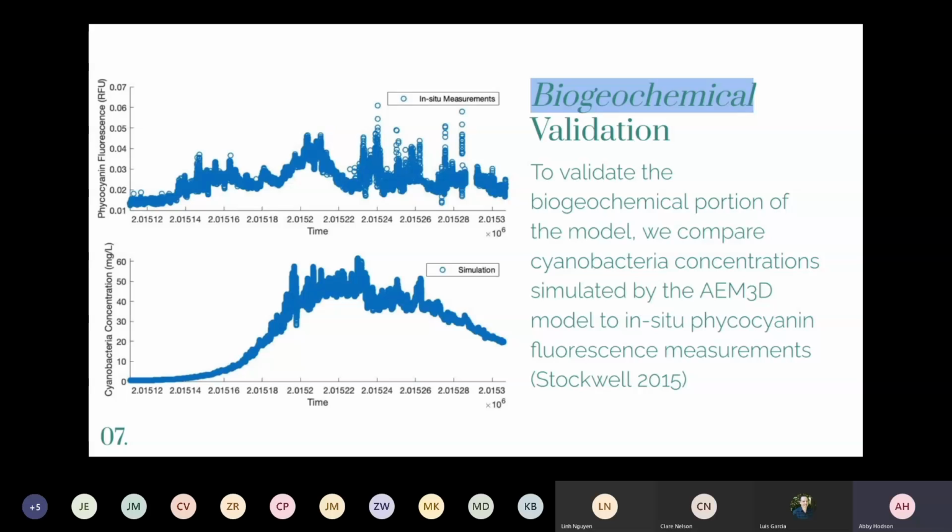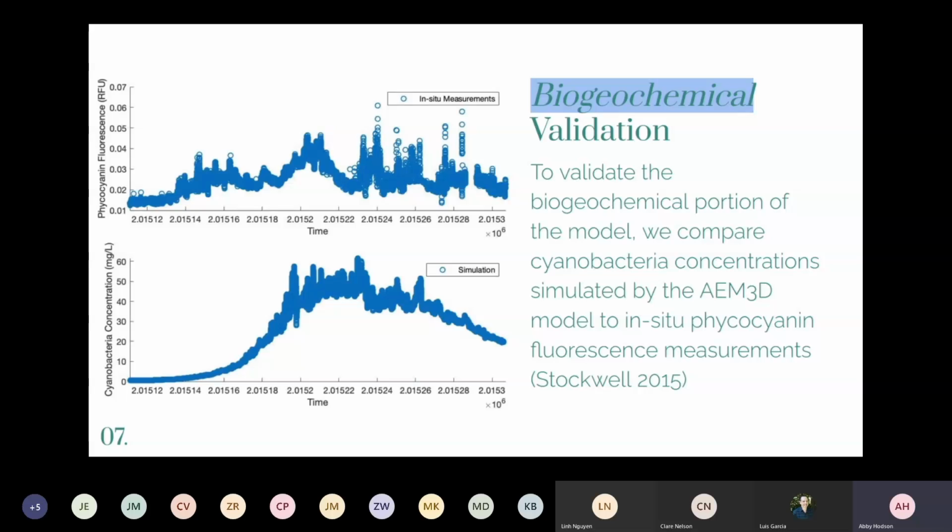So the best we can do is look for peaks in phycocyanin fluorescence and peaks in cyanobacteria concentration. And if we look at these charts on our left, we see that cyanobacteria concentration and phycocyanin fluorescence peak at roughly the same time, around the 230th day of 2015, which would essentially mean that we're getting a cyanobacteria bloom midsummer, which checks out.